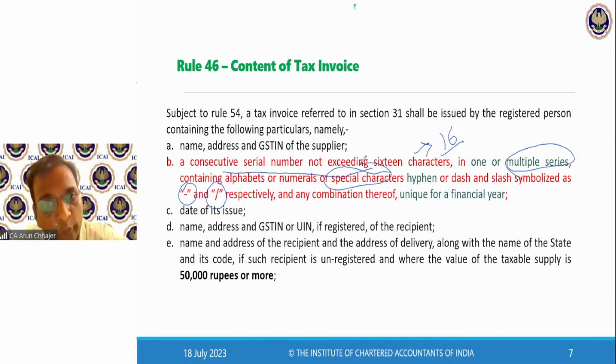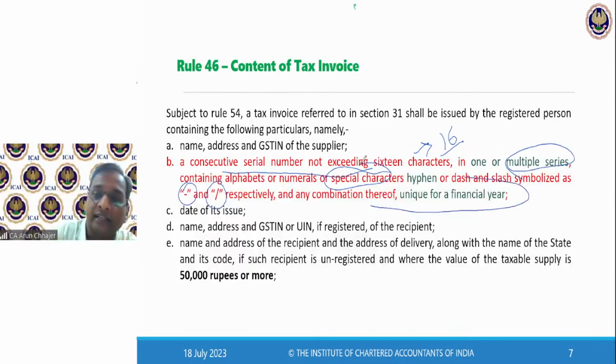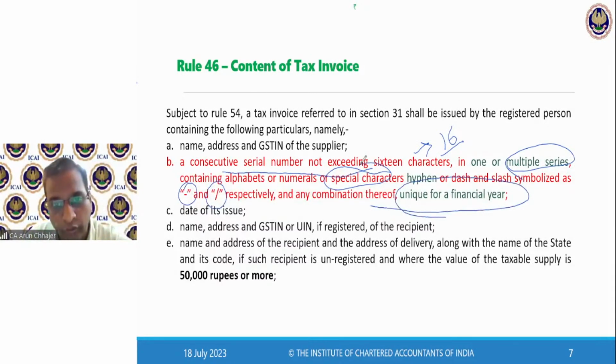There is no problem if the supplier is making multiple series. Only requirement is that the number should be unique for a financial year. This is all about the numbering.